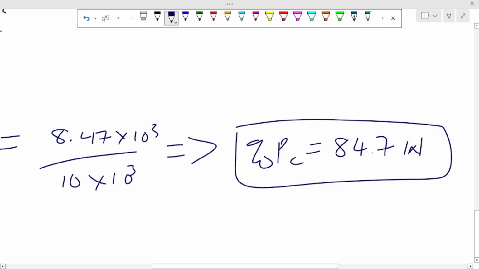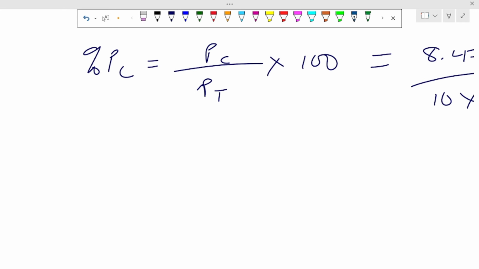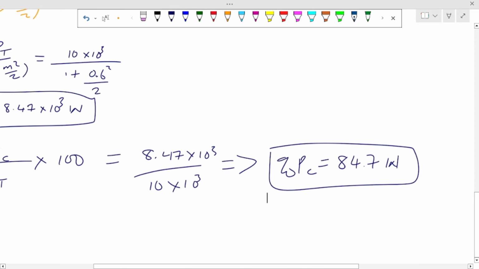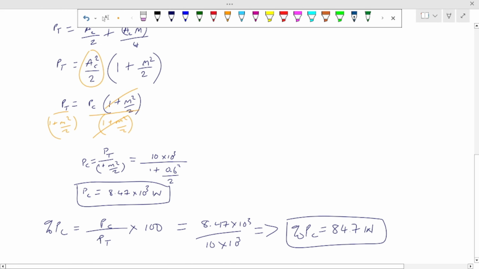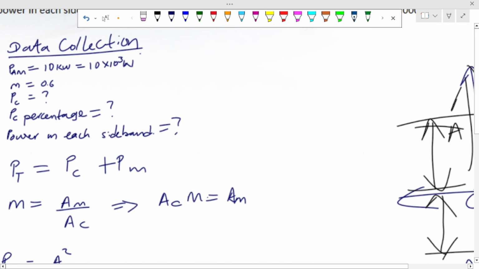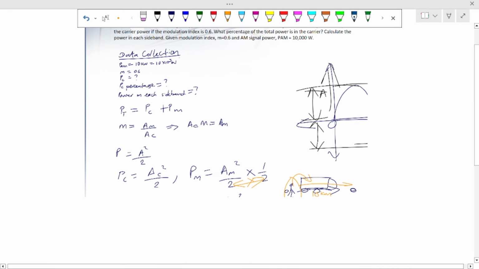Okay, and then the last one. The last part of this question is how much power do we have in each sideband?